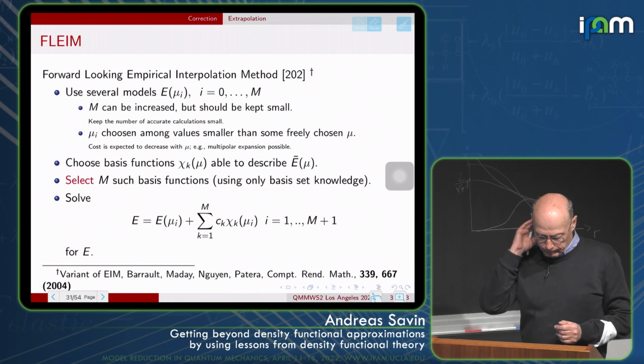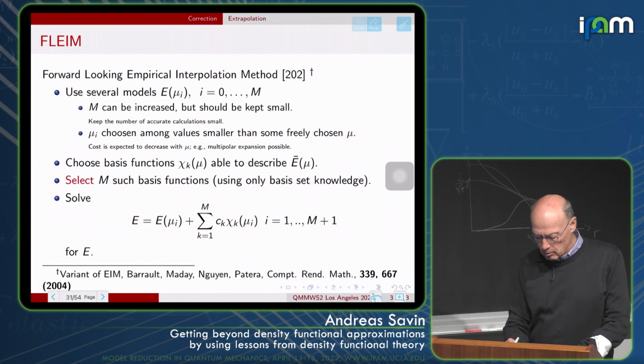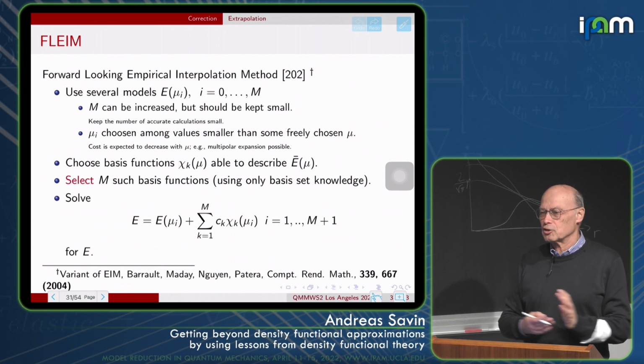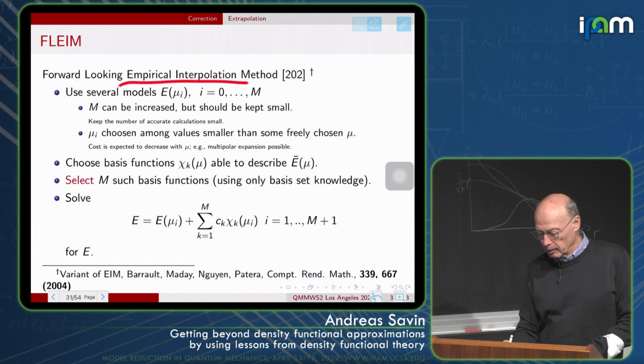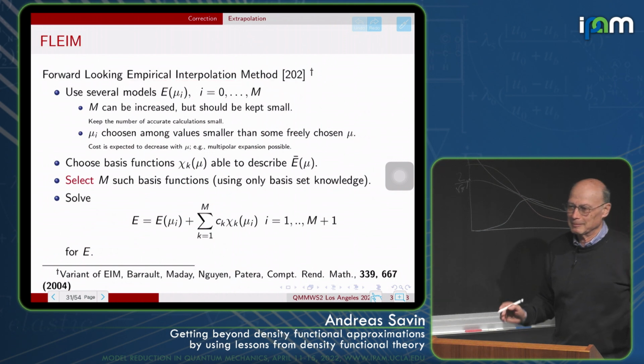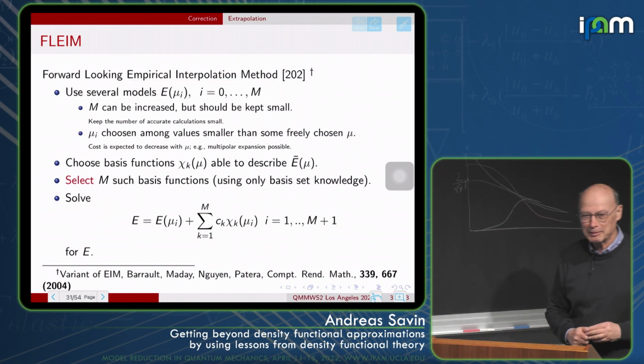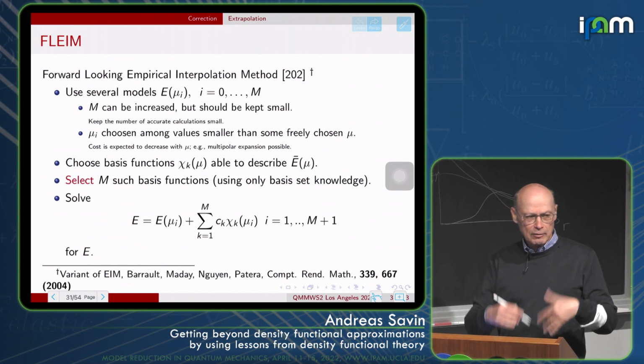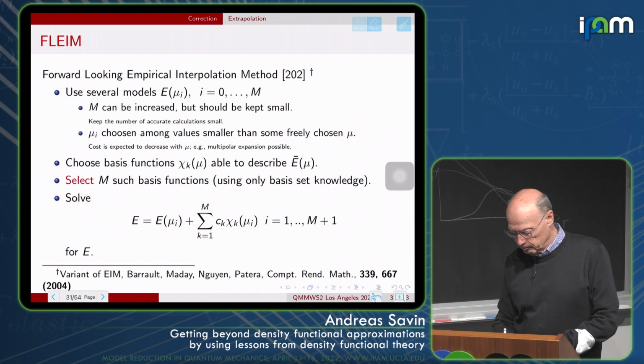There is a method which was developed by Yvon Maday and others. This is called magic points, and I don't know why they changed the name to empirical interpolation method, but for me, magic points looks much nicer. And we had to change this method slightly.